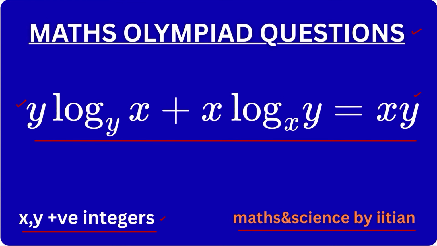We have to solve the equation, and not only solve the equation, we have to prove that this is the only unique solution available. That means it's not only solve, but prove uniqueness of solution.